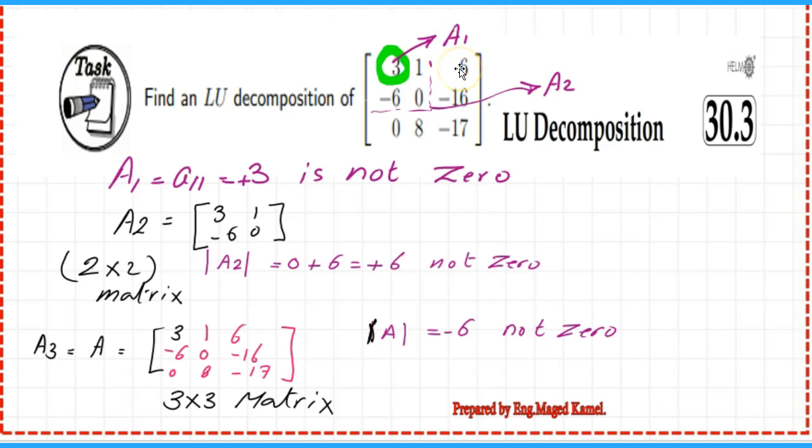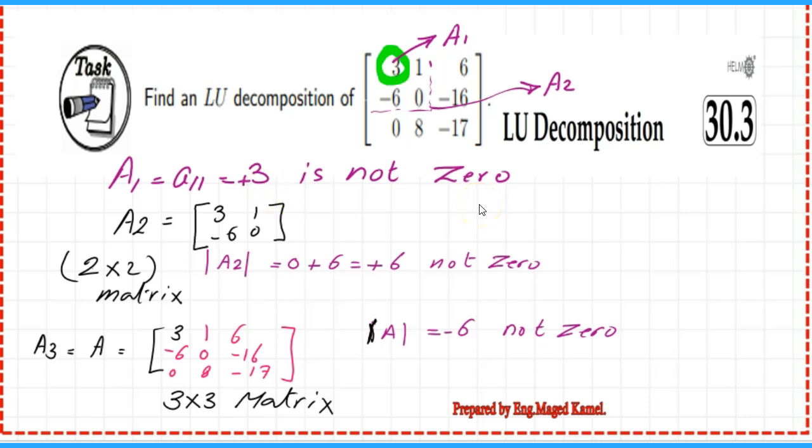let us check whether the given matrix is invertible or not. This is done by dividing the matrix into submatrices and getting the determinant values. For instance, the submatrix A1 contains only the first row, first column element, which is 3.